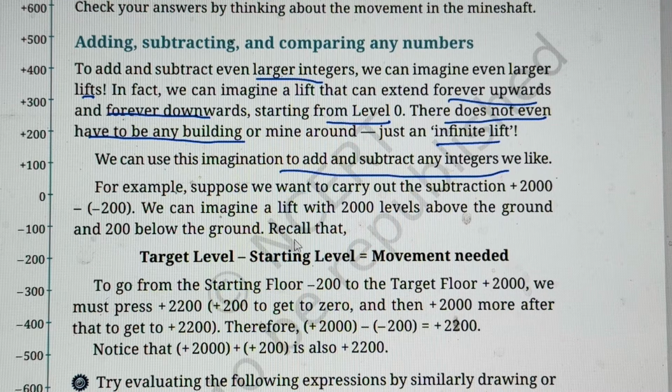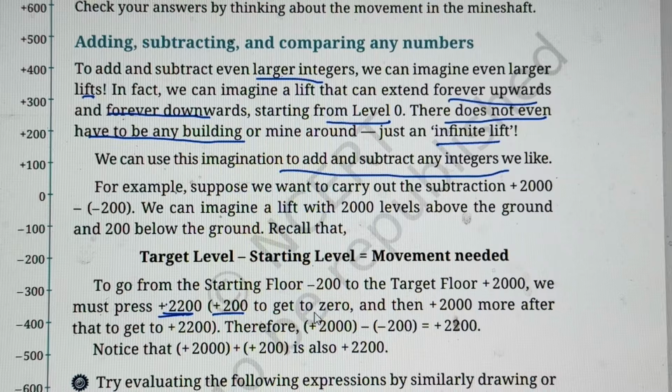So the target level minus the starting level will give you the movement needed. Now to go from the starting floor minus 200 to the target floor plus 2000, we must press 2200, right? What does it mean?